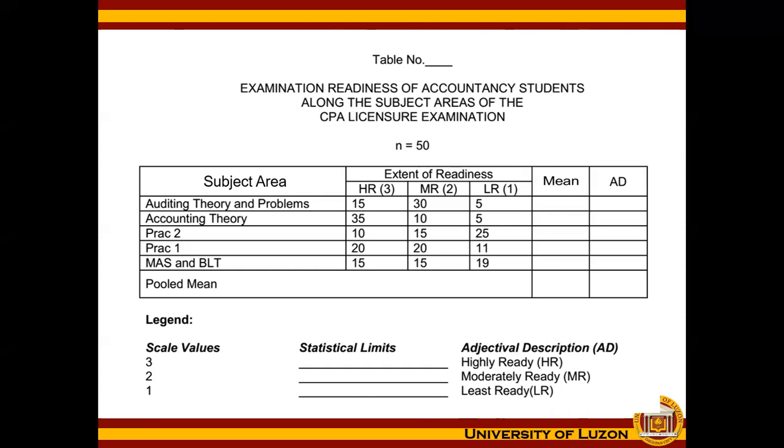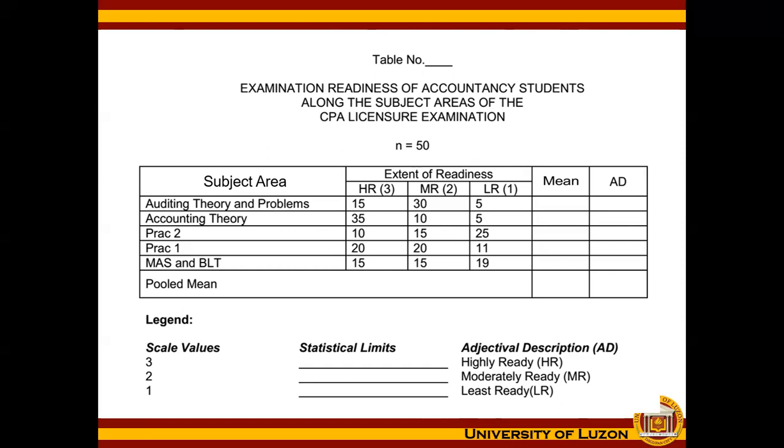For example, under auditing theory and problems, 15 of the 50 said they are highly ready, 30 said they are moderately ready, and 5 of the 50 said that they are least ready. So if we sum up, 15 plus 30 plus 5, total is 50. So all of them were properly accounted for.